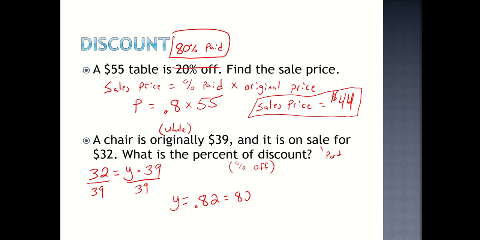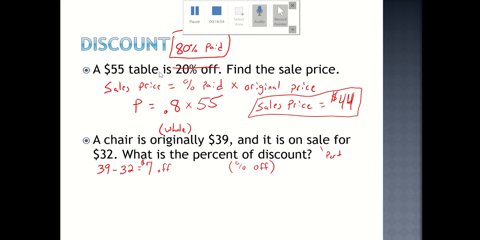Okay? So this was the percent that we paid. If we paid 82%, that means it was 18% off. That was our discount. Again, 18 plus 82 adds up to 100%. The sales percent plus the percent off equals the original price, or 100%.